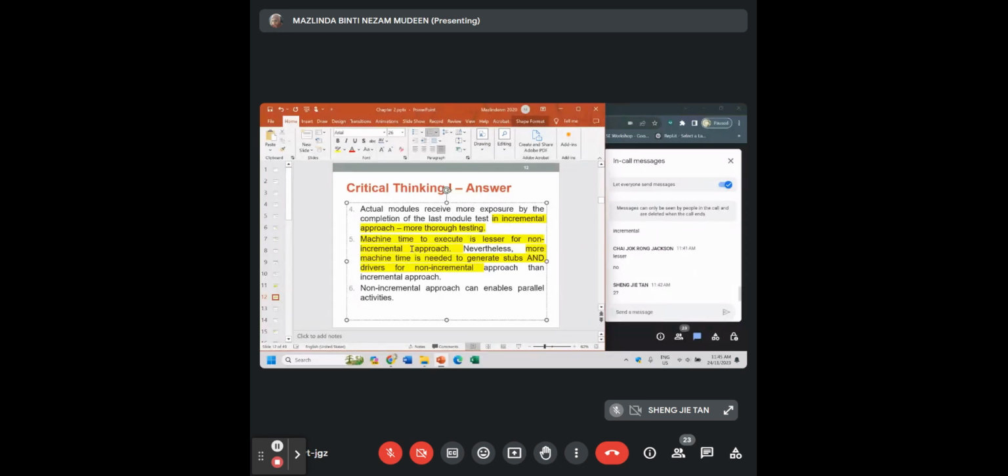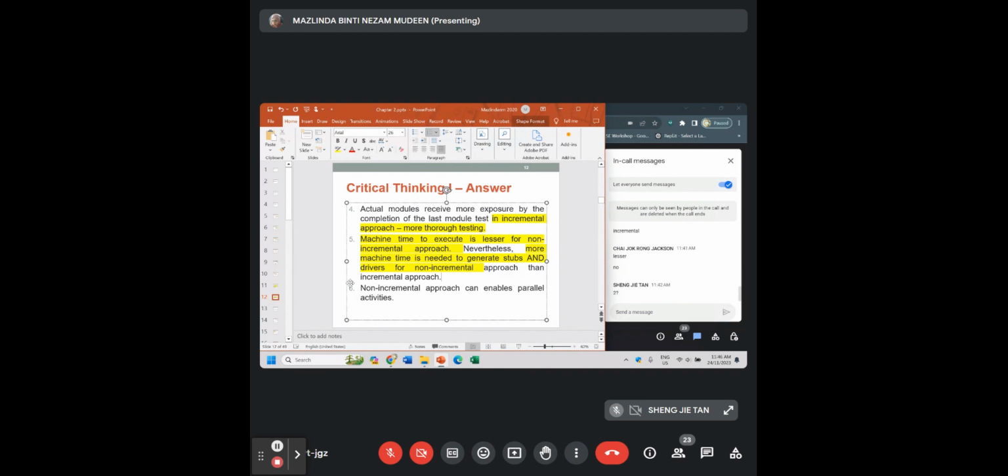For the incremental approach, it will be on the opposite side. Because the test execution is more, the machine time used is more. But the dummy code needed in the incremental approach is less, either driver or stub, so the machine time used to generate them is also less. So there is one advantage point for incremental and one advantage point for non-incremental.